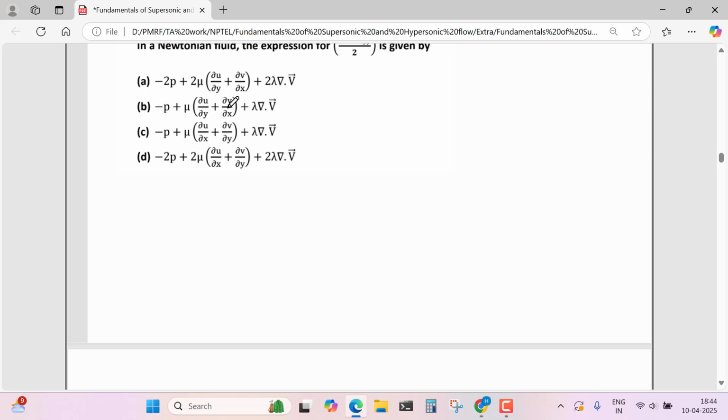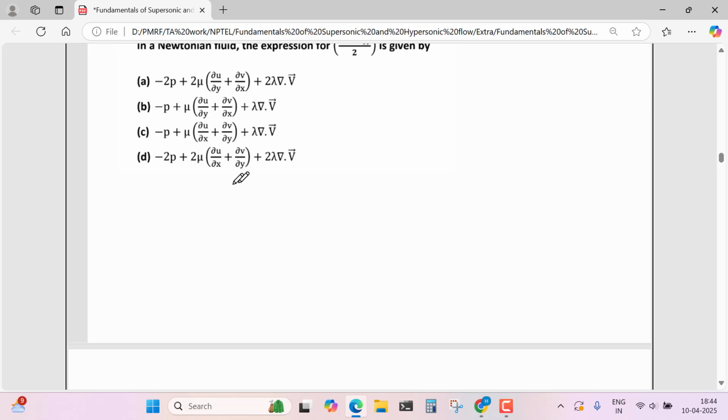Option C: minus p plus mu (dou u by dou x plus dou v by dou y) plus lambda del dot v. Option D: minus 2p plus 2 mu (dou u by dou x plus dou v by dou y) plus 2 lambda del dot v.